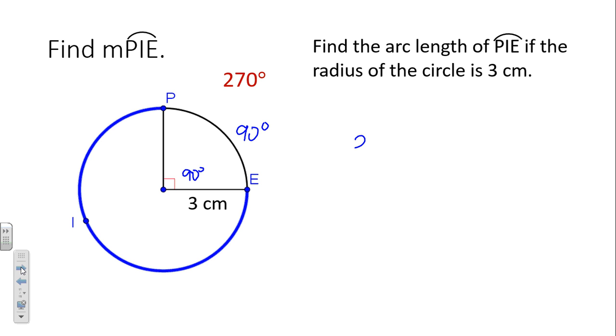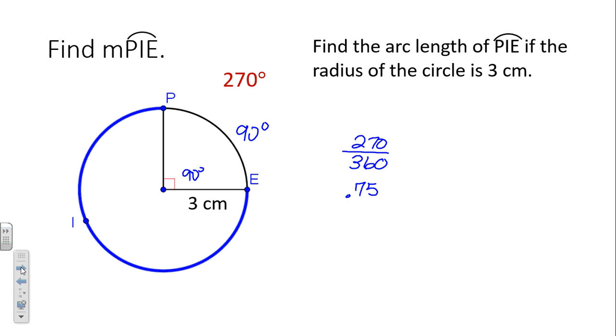270 out of 360. We have how much of that circle? 3/4 of it, don't we? So 0.75 times the circumference, don't we? It's not a whole circumference, not the whole circle. We just have 3/4 of it, 0.75 of it, 75% of it. Does that make sense so far?